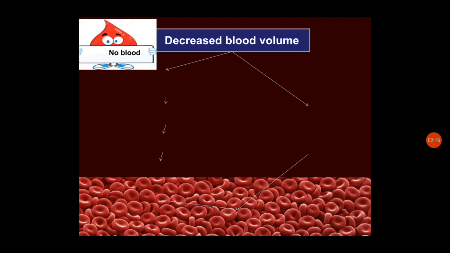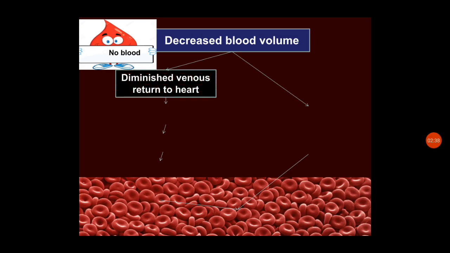When there is decreased blood volume, circulatory failure is happening. There is some amount of blood loss, or blood volume is decreased or distributed abnormally in the three types of shock. Whatever the reason, decreased blood volume will be there.